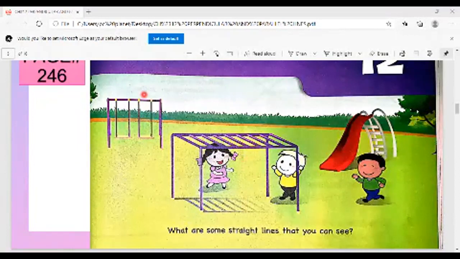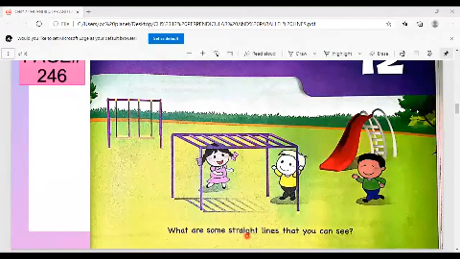Okay, in this given picture, as you can see, it's a picture of your favorite place, a park, and you can see how many straight lines there are. First of all, the teacher's question is, just have a look at this slide. Is it a straight line? No, they are curves. Even the slide, when you start sliding, is a curved line.